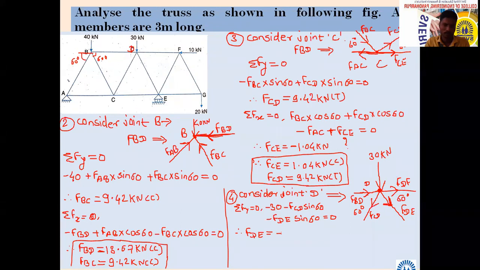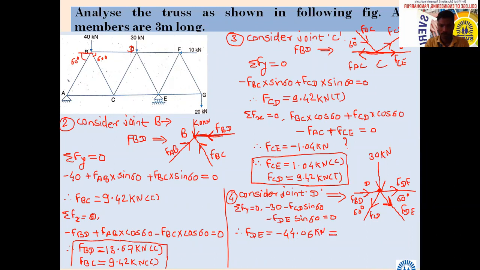How much? Minus 44.06. Yes, sir, minus 44.06. Okay, it is coming minus.